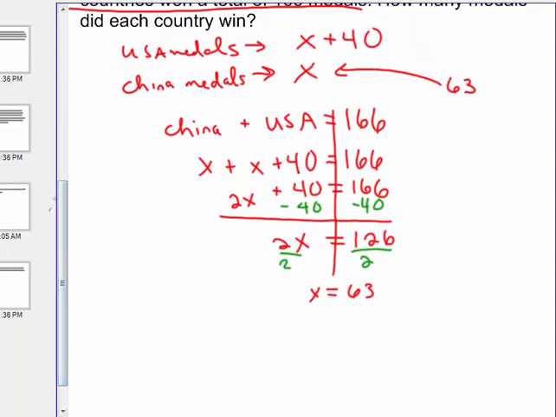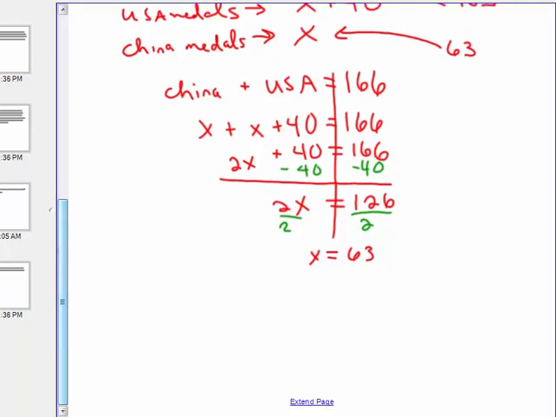The USA won 63 plus 40, or 103 medals. Notice if I add them together, what do I get? 103 plus 63 is 166. So my answer in a sentence that I should write is the USA won 103 medals, China won 63 medals.